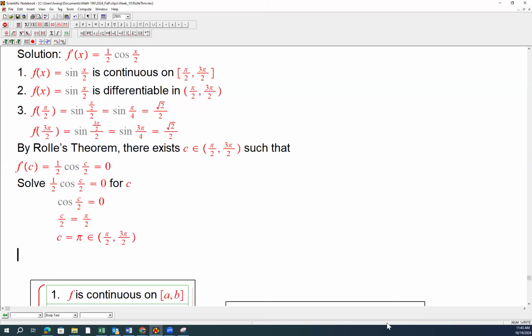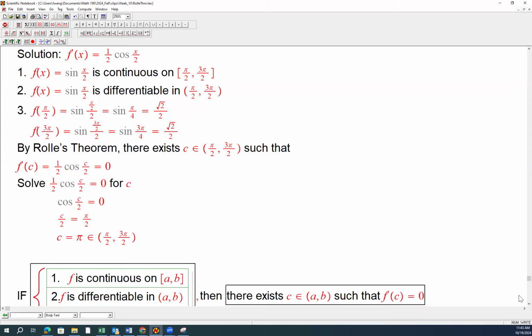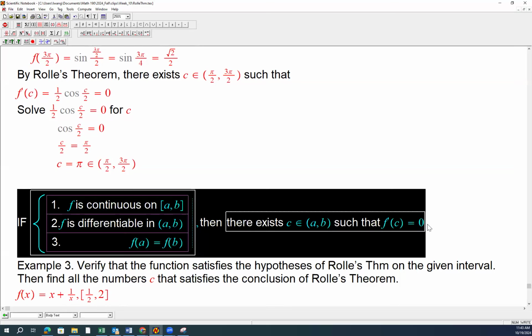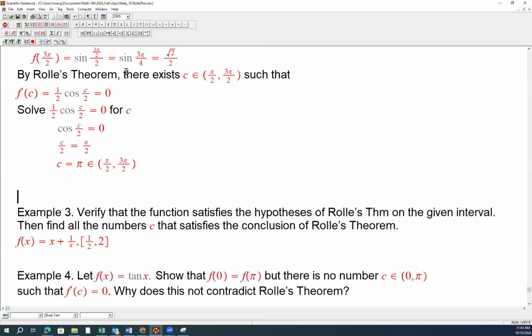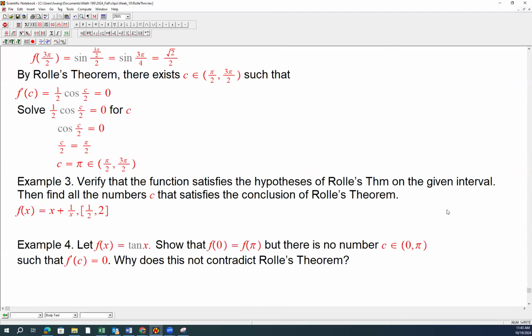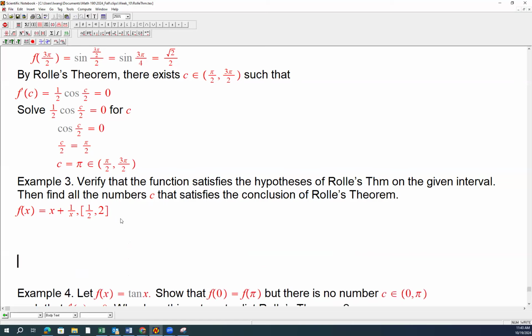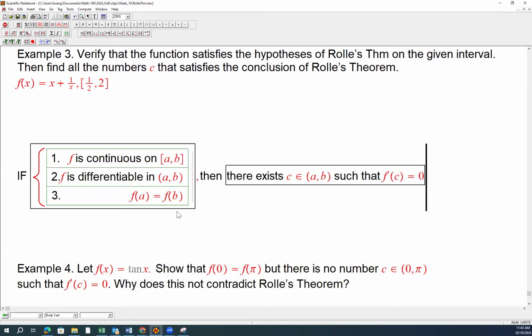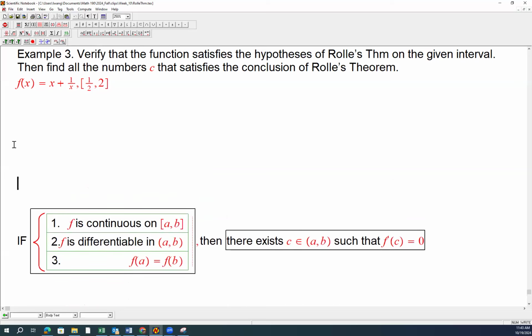Now let's look at the third question. I'm going to bring the theorem under here, so here's the theorem for our reference. And you probably have it on your index card. In this question, we have a closed interval.